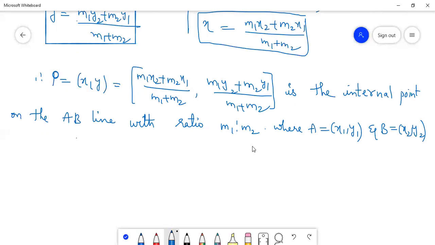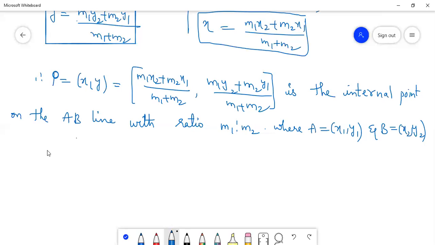This is a very important definition, the section formula. In your standard, only the internal point is involved. In the next standard, the external point will also come.